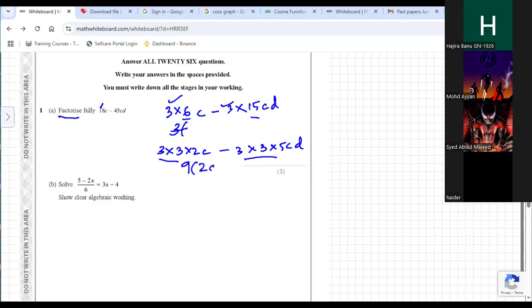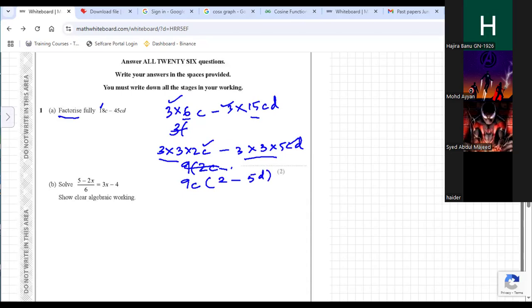Oh sorry, 9c we can take common. Even the variable is also common. So 9c, and then we are left with 2 minus 5d. This is the complete factorization.